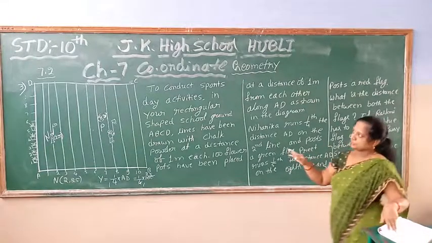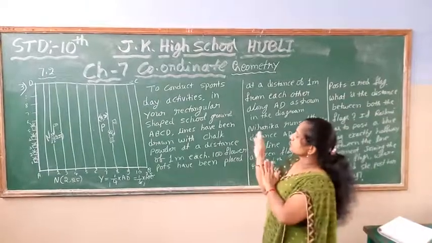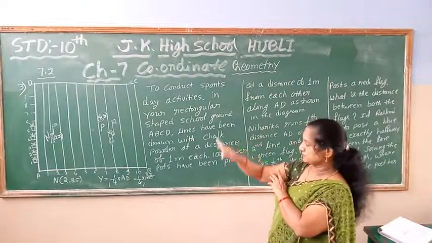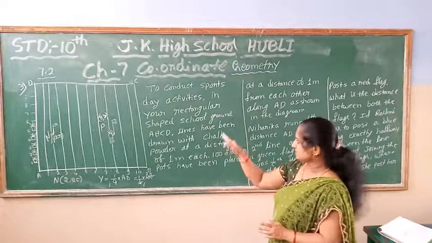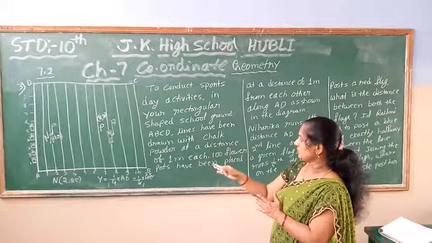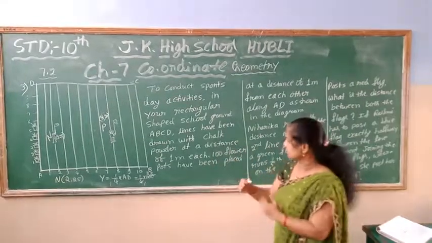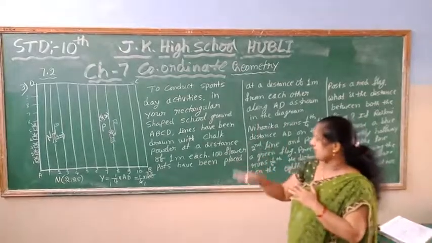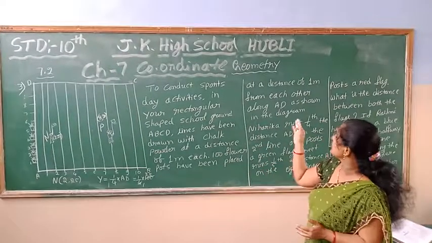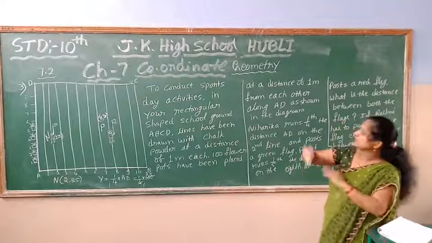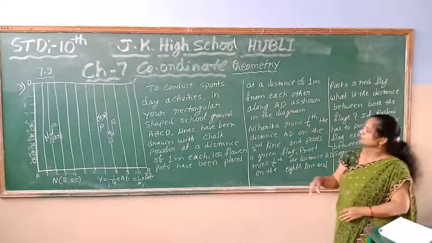Once again, I am going to repeat the question. To conduct sports day activities in a rectangular shaped school ground ABCD, lines have been drawn with chalk powder at a distance of 1 meter each. 100 flower pots have been placed at a distance of 1 meter from each other along AD as shown.